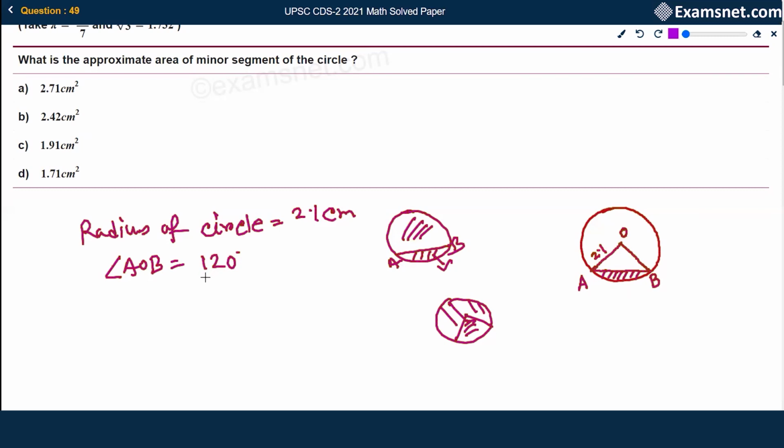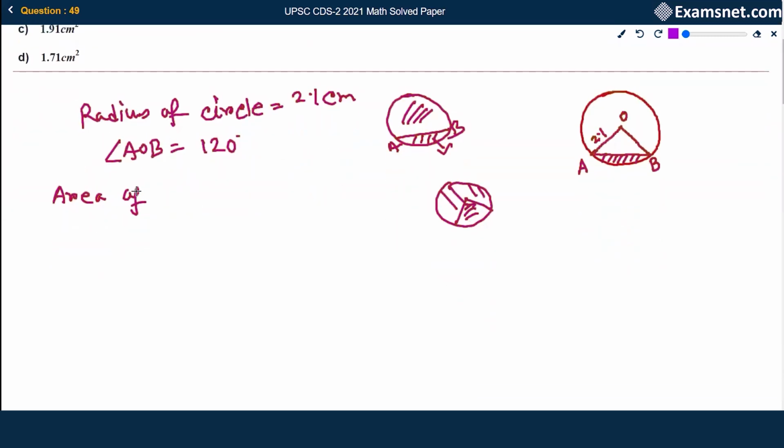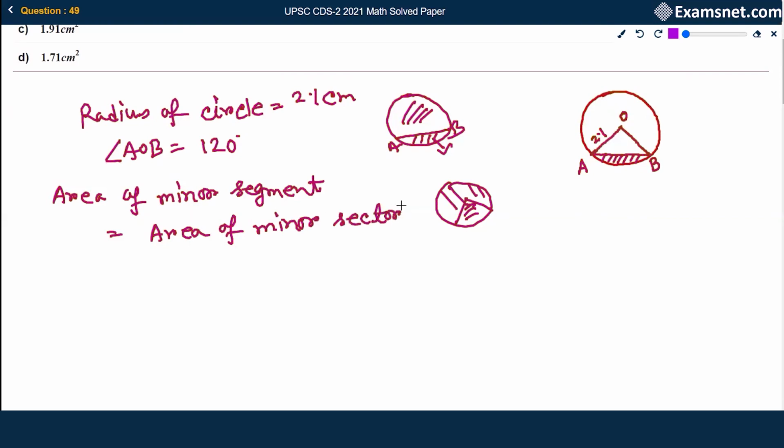So here, area of minor segment of the circle equals area of minor sector minus area of triangle formed. As we can see, OAB is a triangle formed.